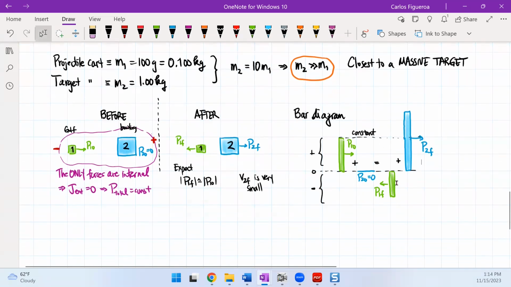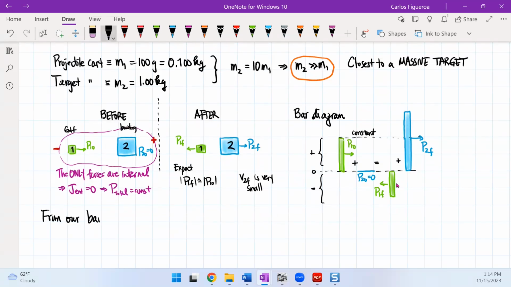So from this picture here, from our bar diagram, what do we know here? Well, there's two things that we got to check.